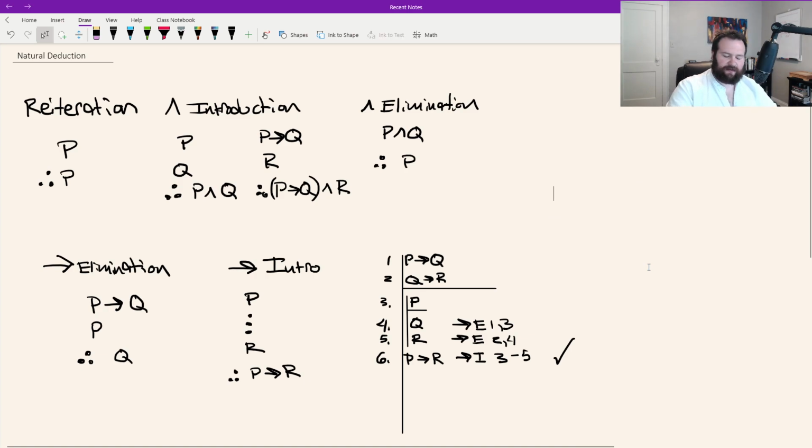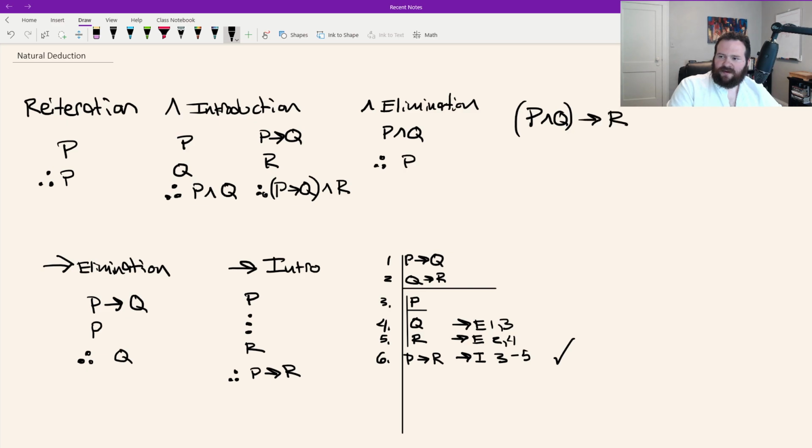Suppose we know that if P and Q, then R. Okay? And we know that if S, then P and Q. All right.